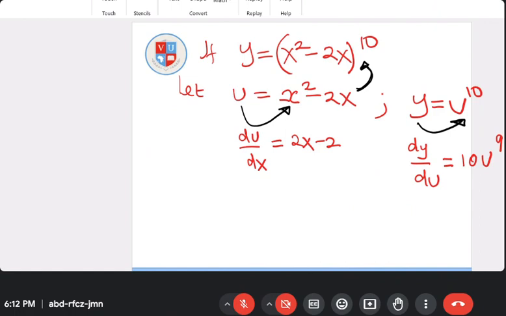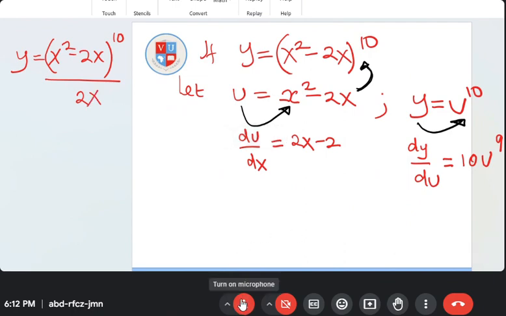Like if y is (x squared minus 2x) to power 10, take an example out of 2x. Okay, good. For example, y equals (x squared minus 2x) to the power 10, the whole thing out of 2x. Yes. Or 2x to power 7, whatever. You can put even power 3.